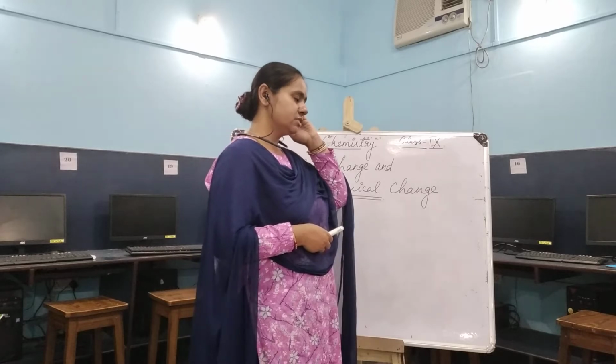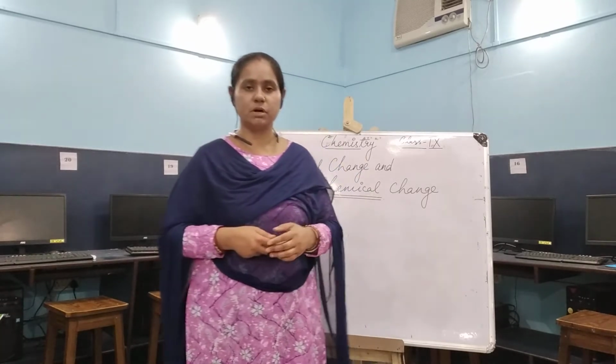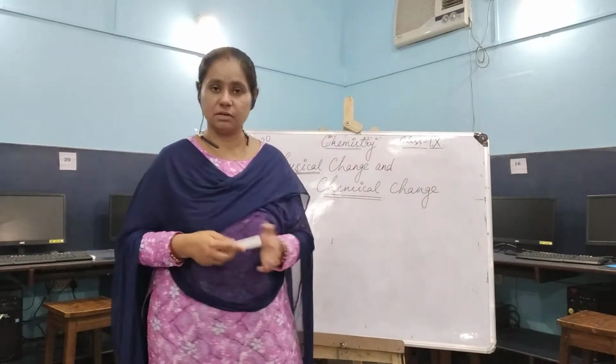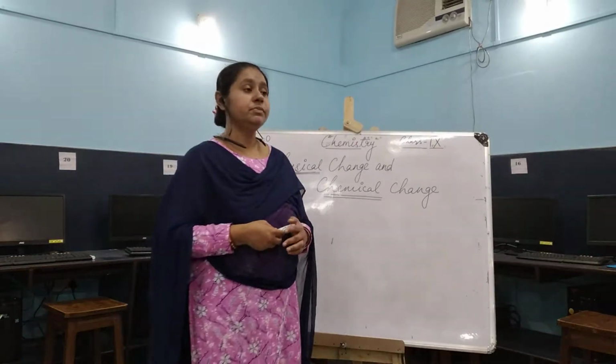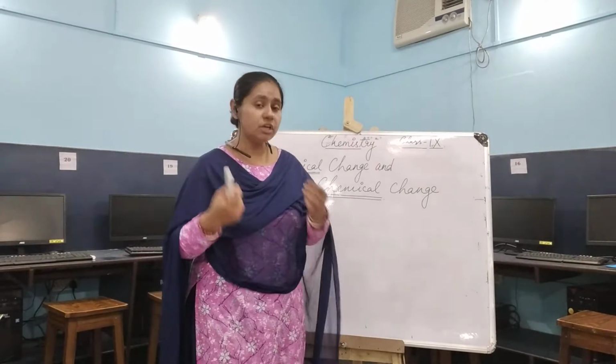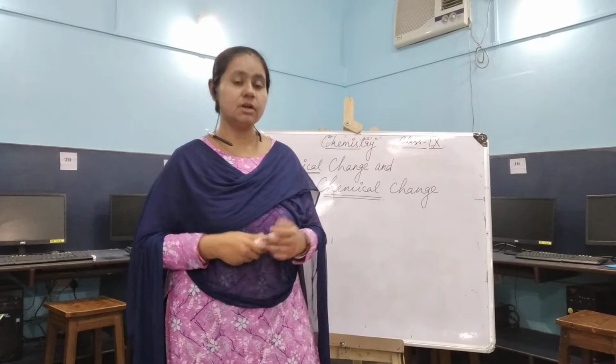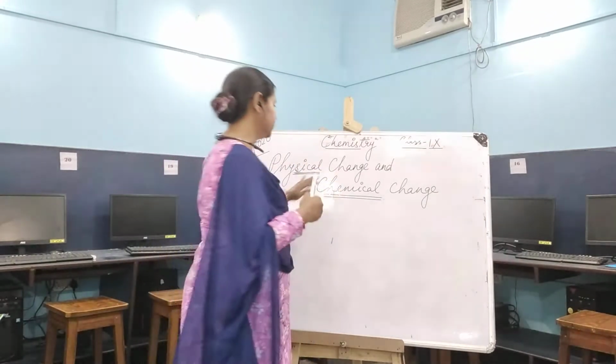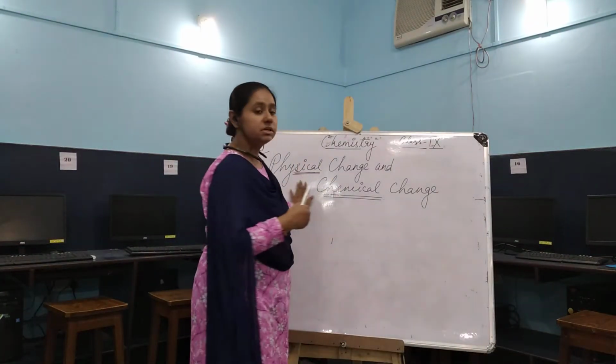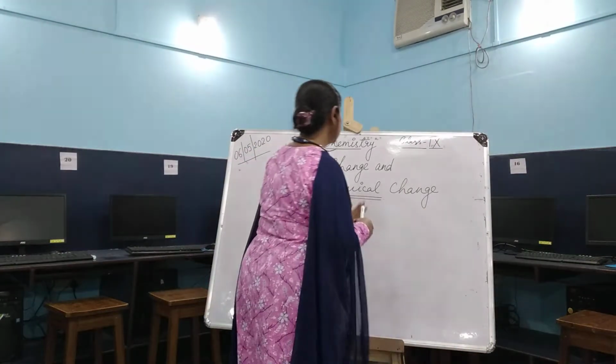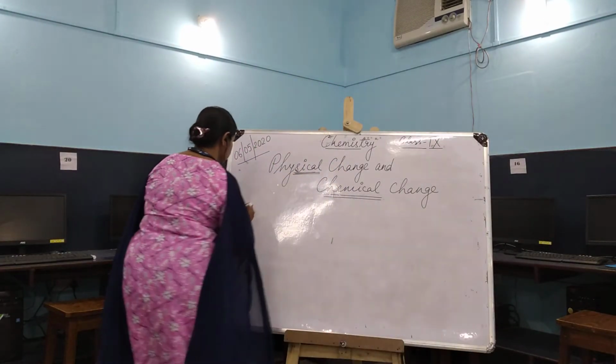Now, once you have different ideas about physical changes and chemical changes, today I will be showing you some changes over here, and then I will explain the properties of physical changes and chemical changes.